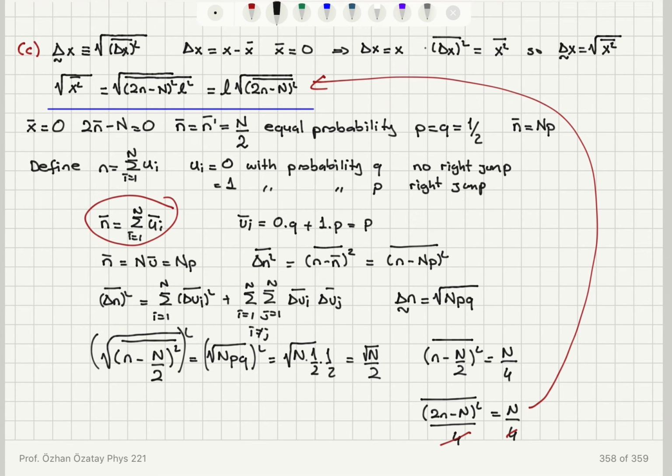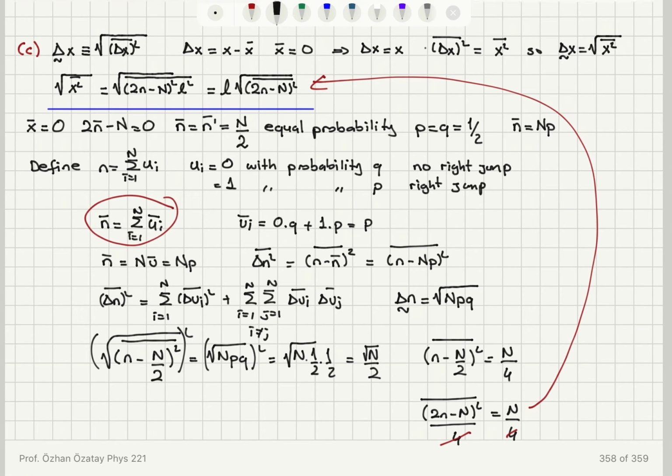So delta n tilde, the root mean square of n minus capital N over 2, is the square root of N pq, which is the square root of N over 4, or if you square both sides, it is capital N over 4.